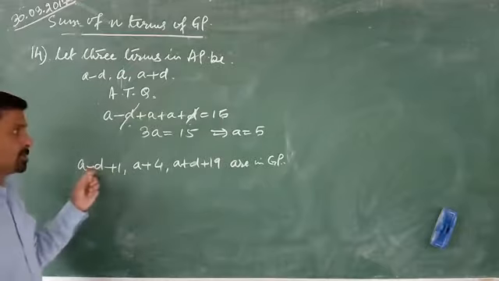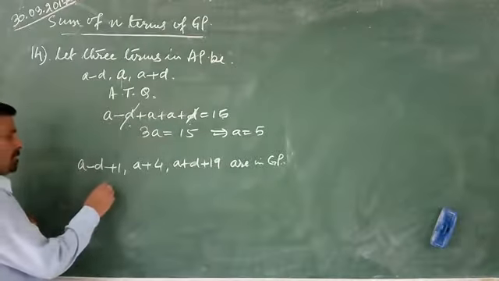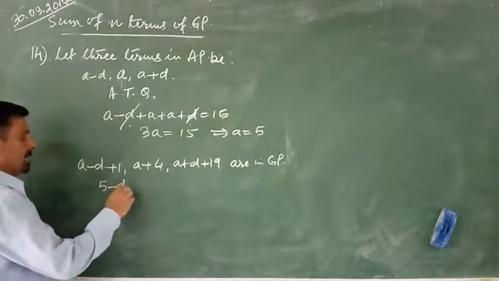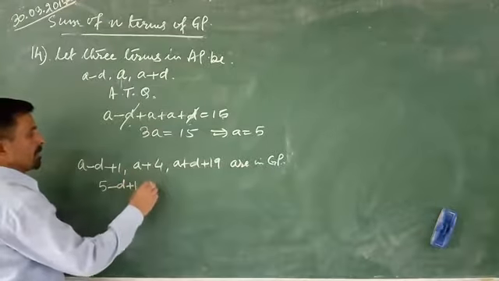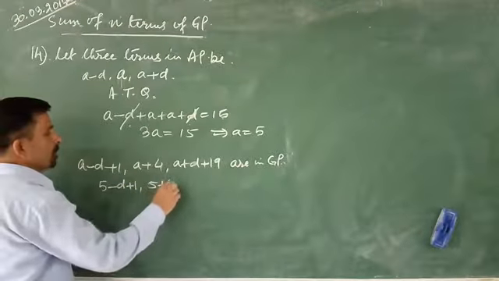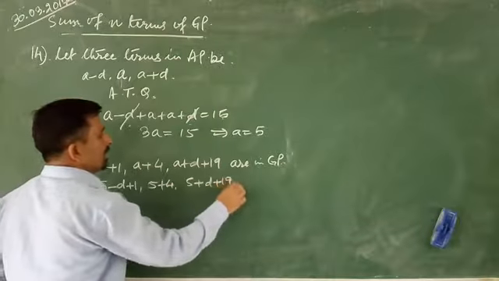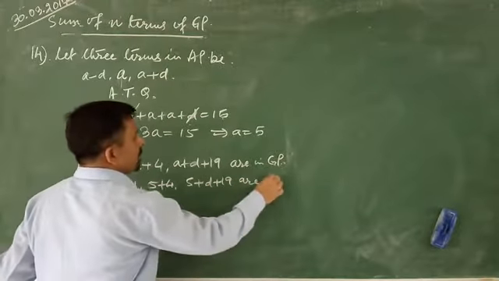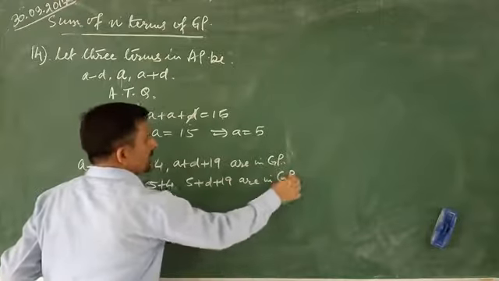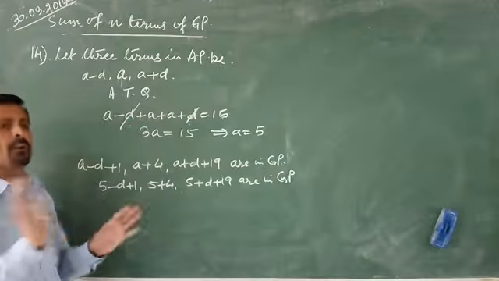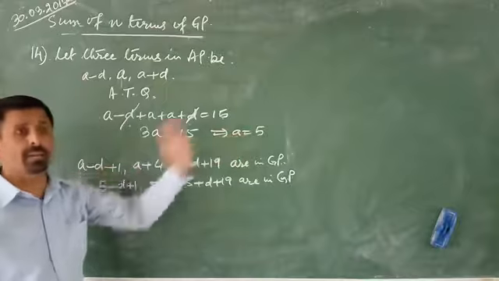Is it okay? So A is 5. So in the first term I am putting 5 minus D plus 1. Here it will become 5 plus 4. Here it will become 5 plus D plus 19. And we can say that this is in GP. We didn't do anything, we have just put the value of A, because that is already calculated.